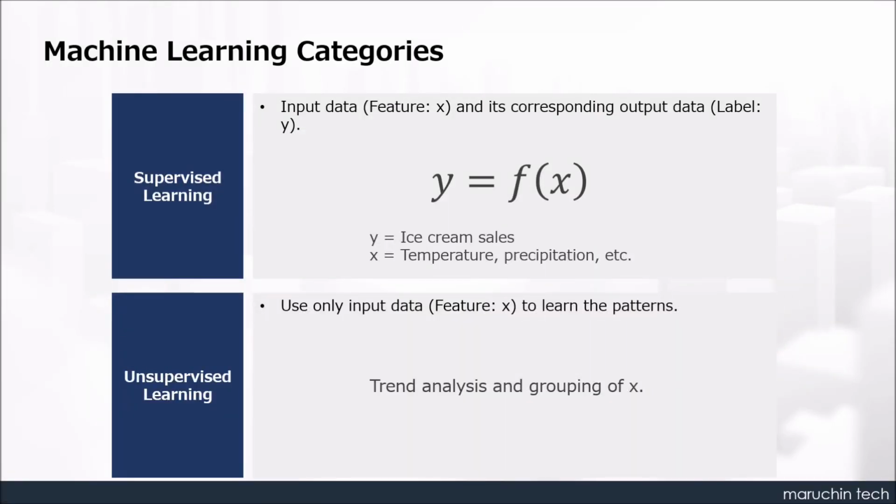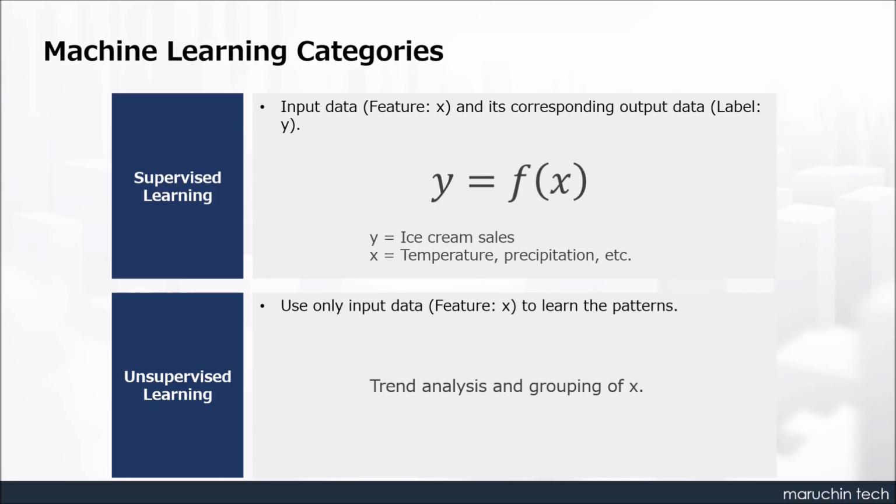Let's dive deeper into the categories of machine learning. Broadly speaking, machine learning is divided into two main categories. They are supervised learning and unsupervised learning. First, let's look at supervised learning. This approach models the relationship between input data and output data. This is often expressed mathematically as y equals f of x.